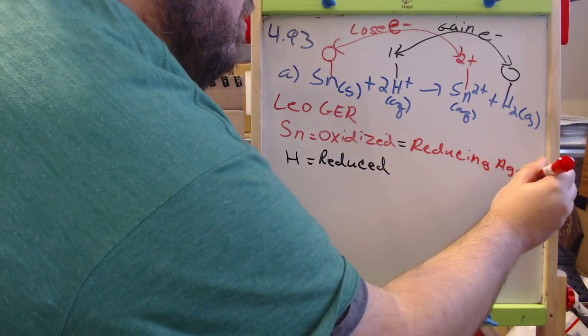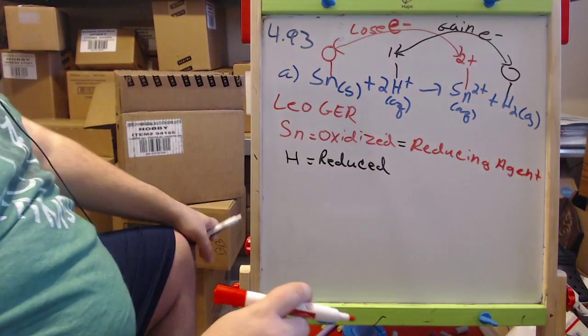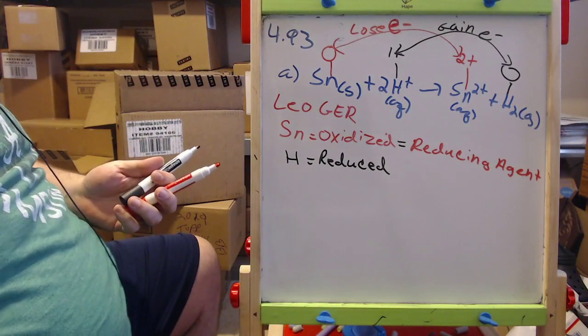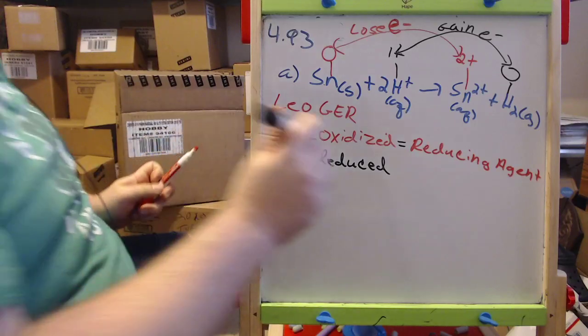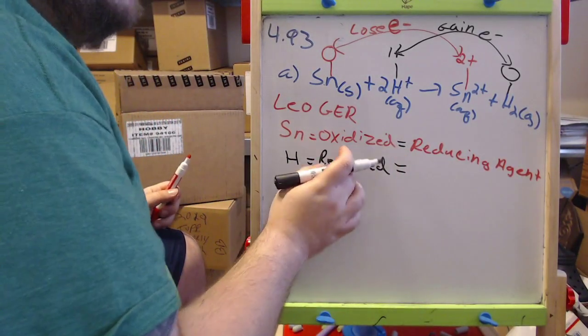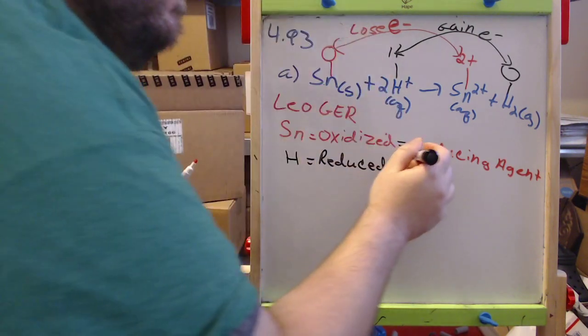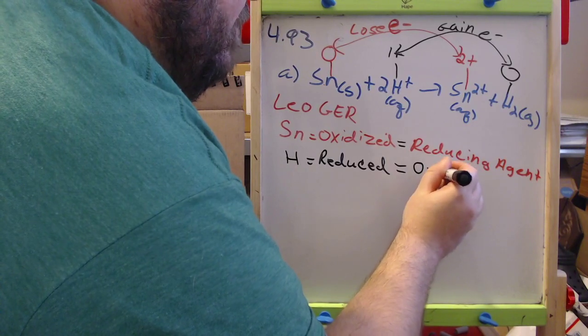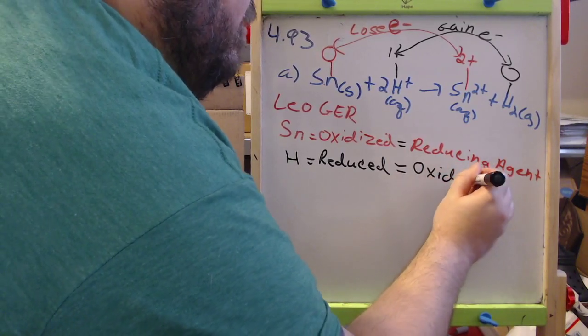So make sure you read what the question is asking. Is it asking, is it an oxidate? Is it being oxidized? Is it being reduced? Or is it asking about the agent? So if it's asking about the agent, you first figure out, am I oxidized or reduced? And then if I'm being reduced, I'm known as the oxidizing agent.